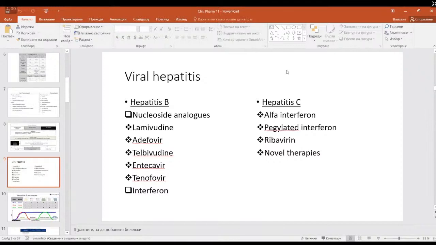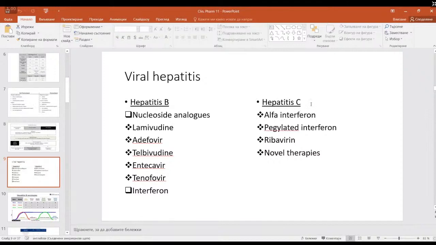Hepatitis C has been a big problem, let's say. It used to cause a lot of trouble because there is no vaccine against hepatitis C, unlike the hepatitis B virus.